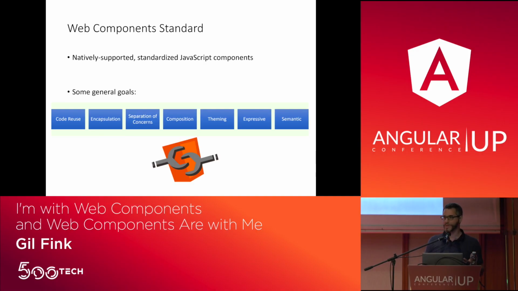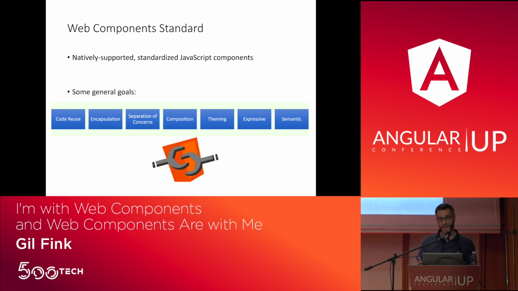So what is the Web Component API, or the standard? So the W3C, or the World Wide Web Consortium, created a new standard that helps you to create your own components. Not with Angular, not with React, not with Vue, not with everything, but rather as standalone components that the browser knows how to use.